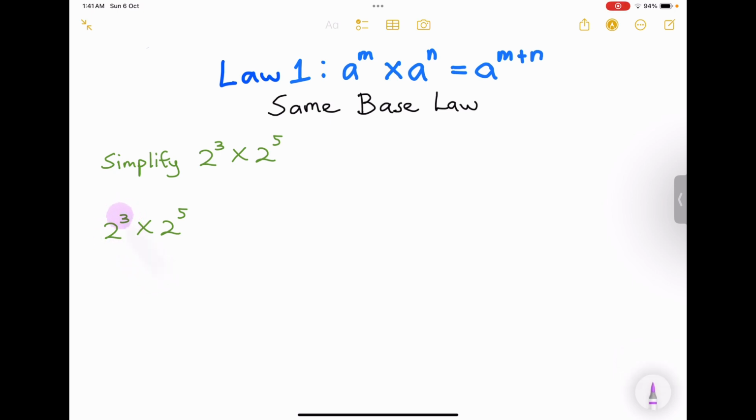Two to the power 3 means that the number 2 will appear 3 times. 2, 1 time, times 2, 2 times, times 2, 3 times.